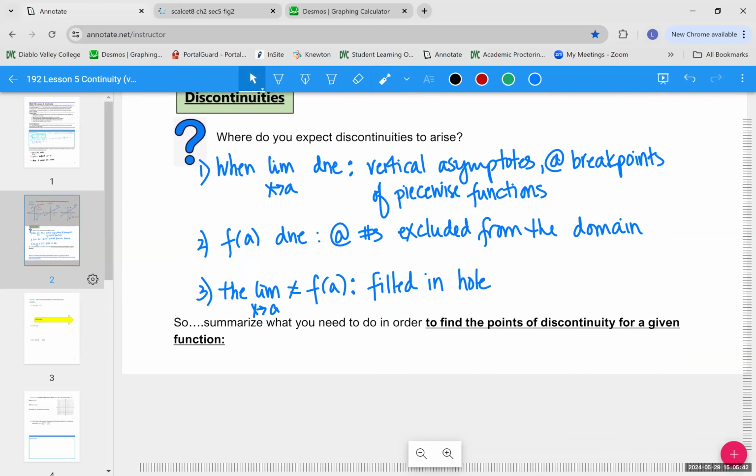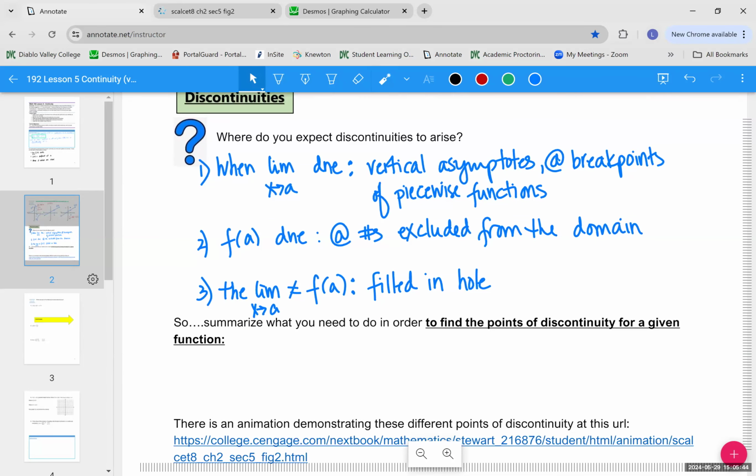So if you're analyzing the different places we might have discontinuities, and you were asked to figure out where this function is discontinuous and you were given its equation, it looks like we could summarize the above by first looking at the domain, right? We need to find all the points excluded from the domain, because that is going to hit here.